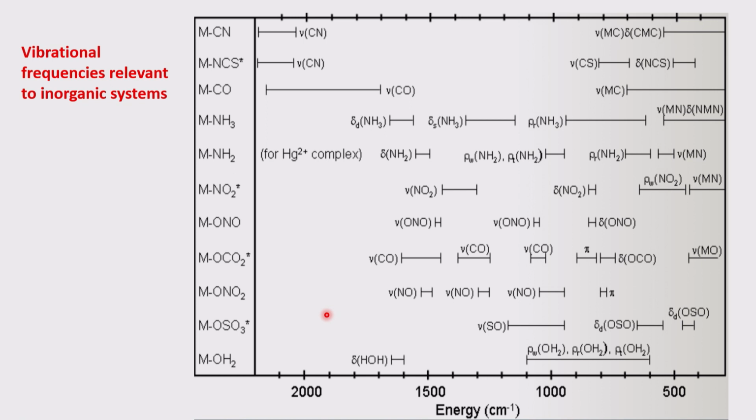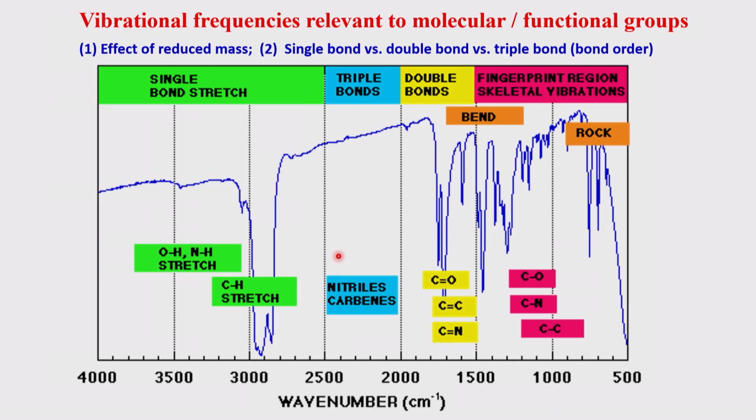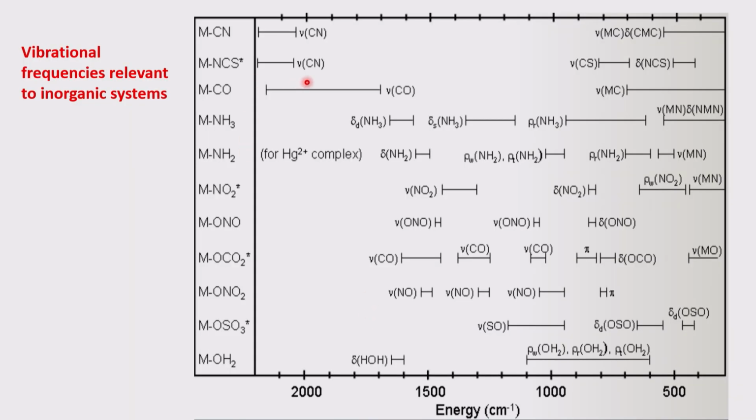Now that is mostly the organic type. You can look at the inorganic type. So M-C bond vibrations come somewhere in this region, below 500, and the M-S bonds and M-N on this side, which you have seen in the previous case also. You have seen the simple CO, not the M-C.